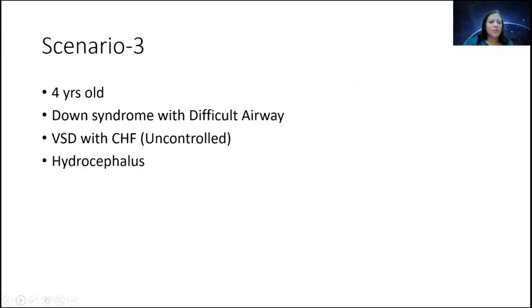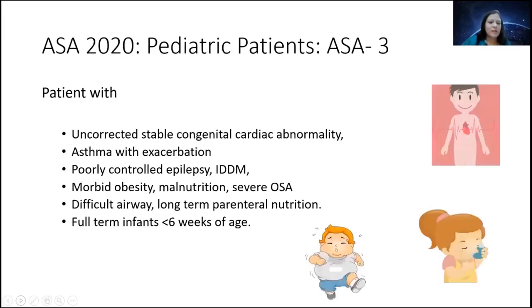Let's come on to scenario 3. A child comes to you who is 4 years old with Down syndrome and difficult airway. There is VSD with CHF and there is hydrocephalus. So how do you place? Difficult airway is placed under ASA 3 category.